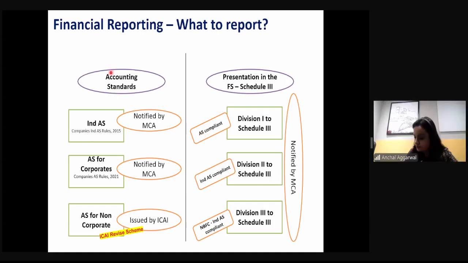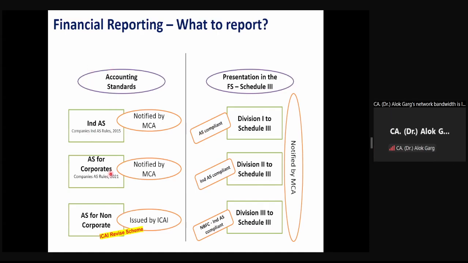So we talked about this part, that we have three sets of accounting standards: Ind AS, which is defined under Companies Ind AS Rules 2015, notified by MCA; accounting standard for corporates under Companies AS Rules 2021, notified by MCA; and accounting standard for non-corporate entities, which is issued by ICAI under the ICAI revised scheme. What is this ICAI revised scheme, friends?